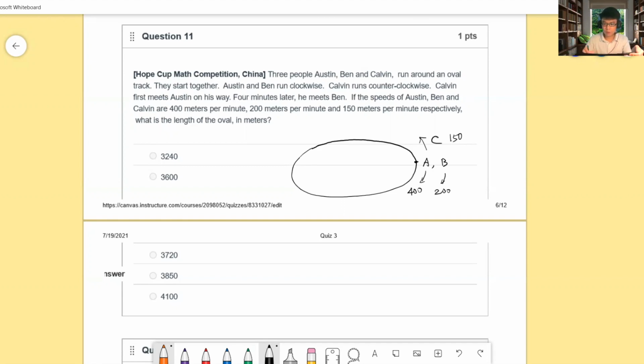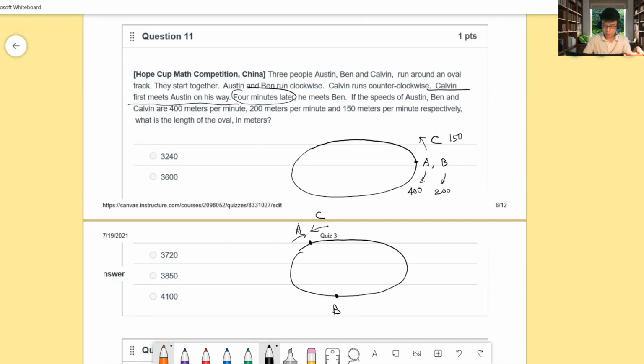Now after certain minutes, Austin meets Calvin first. Calvin met Austin on his way, and 4 minutes later, Calvin met Ben because Ben is slower. If we draw pictures, maybe somewhere here, Austin runs here, and Calvin runs here, and Ben is somewhere later.